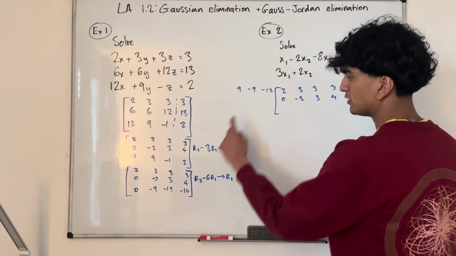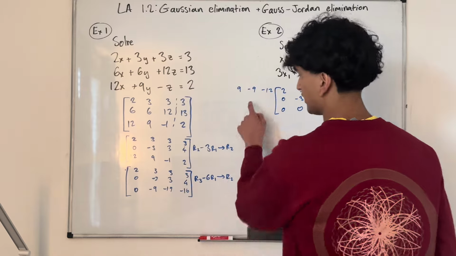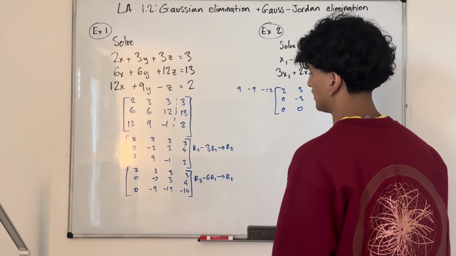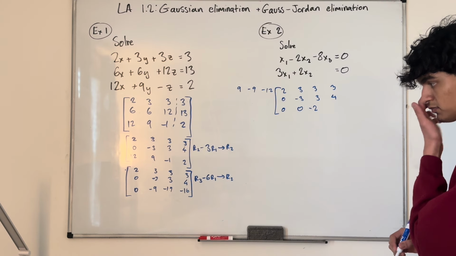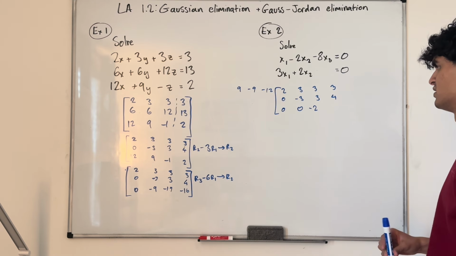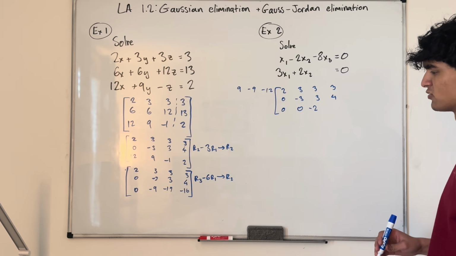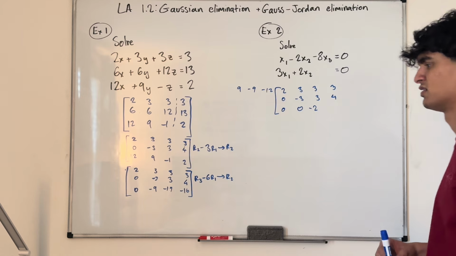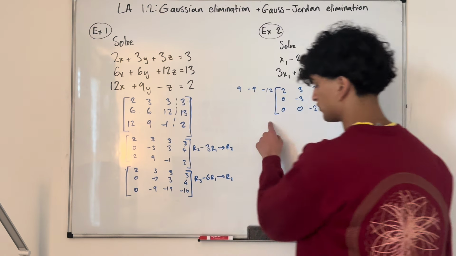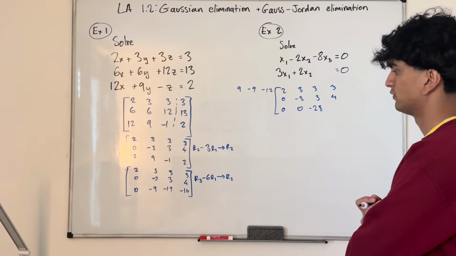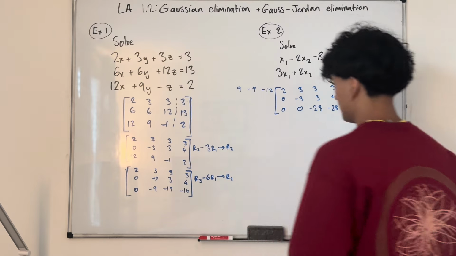So if I add 9 to -9, I get 0. -9 to -19, I'm going to get -20, why am I blanking? 19 plus 9, yeah, -28. -12 minus 16, I'm going to get -28 as well. It's pretty nice. All right.